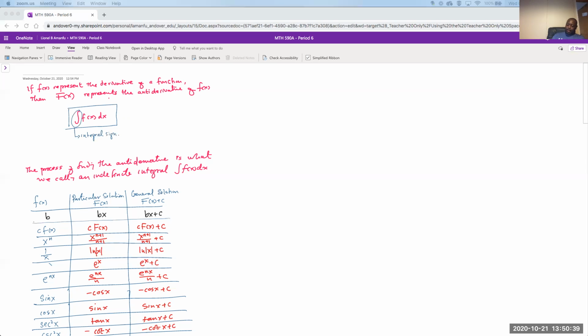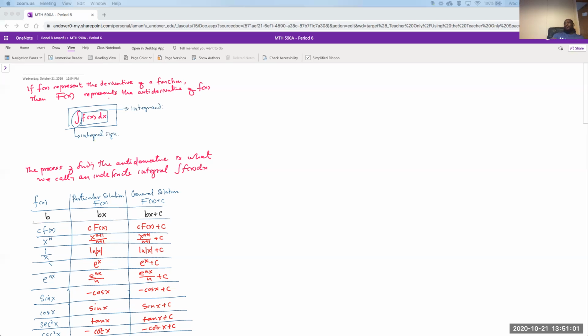And then f of x dx, anything that is inside of the integral sign is what we're going to call the integrand.